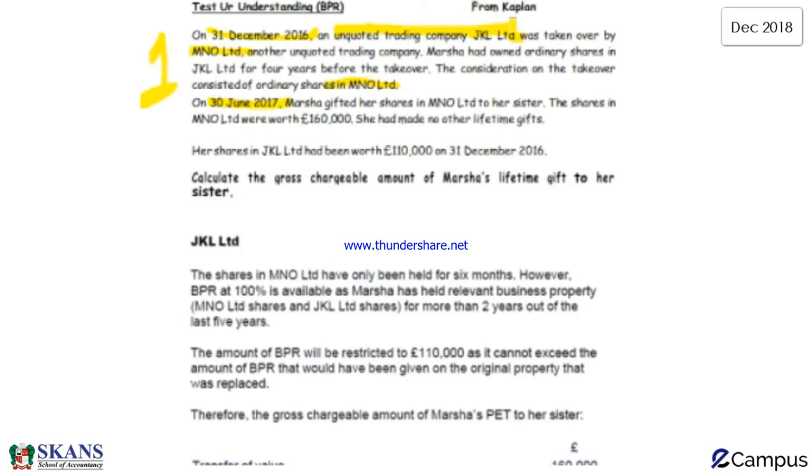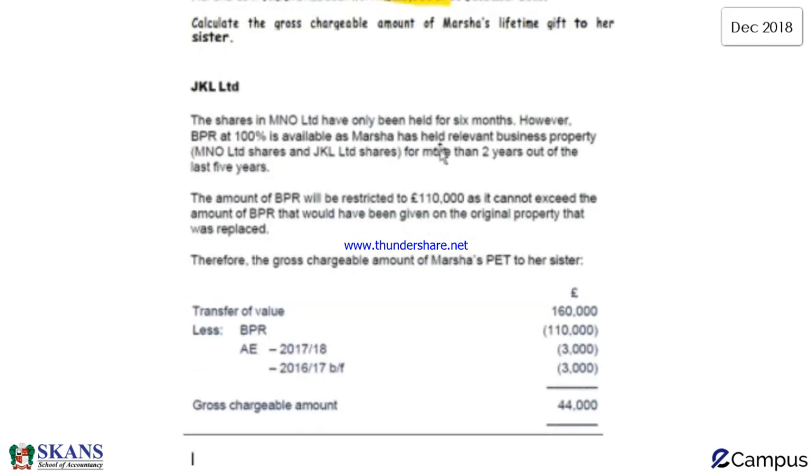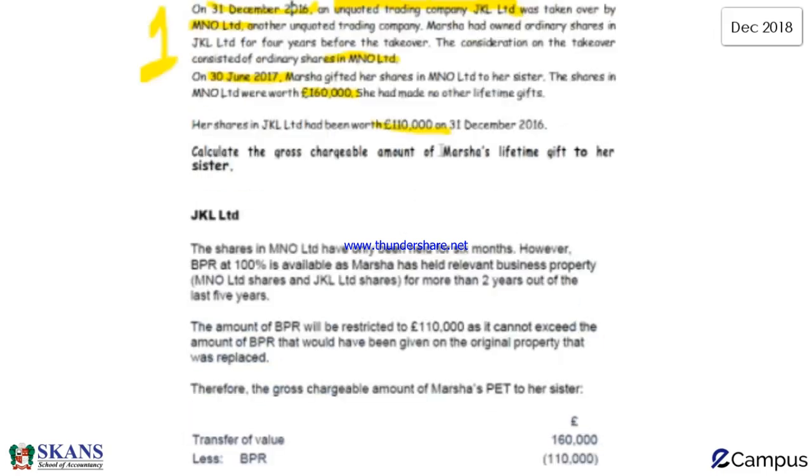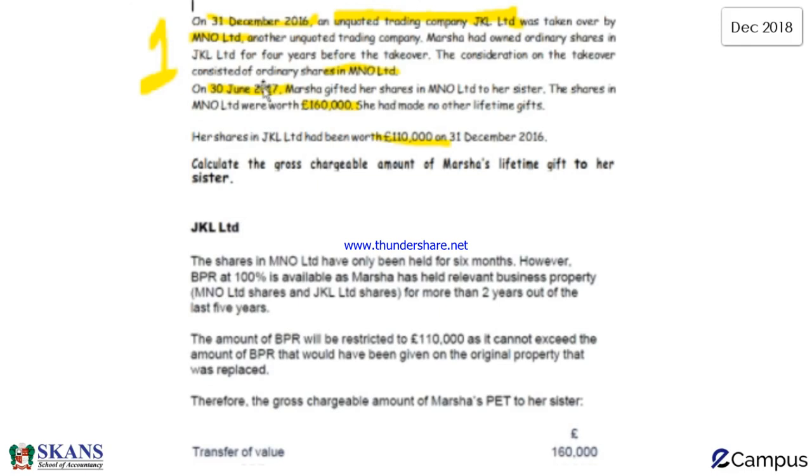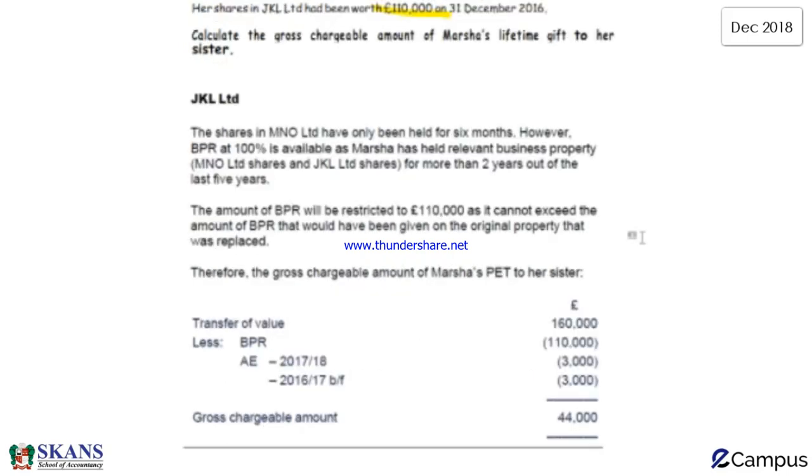And so when she's transferring, the transfer value is 160, but what was the value of the previous shares? 110. And so now we will say that from the date of transfer, that is 30th of June 2017, we have looked into the previous 5 years, and over here we can see a combined ownership of 5 years, just two. So we are comfortable in saying that we will be able to apply BPR over here.